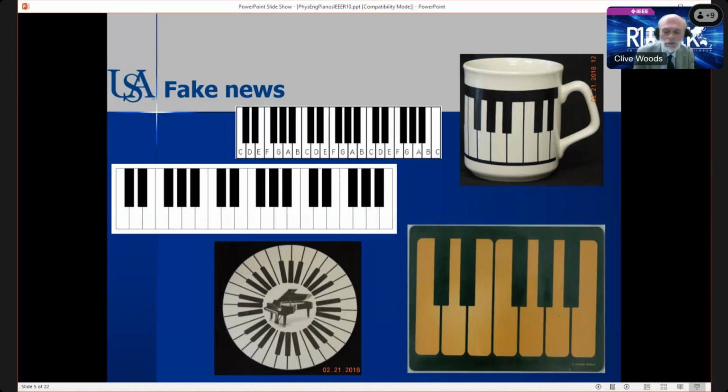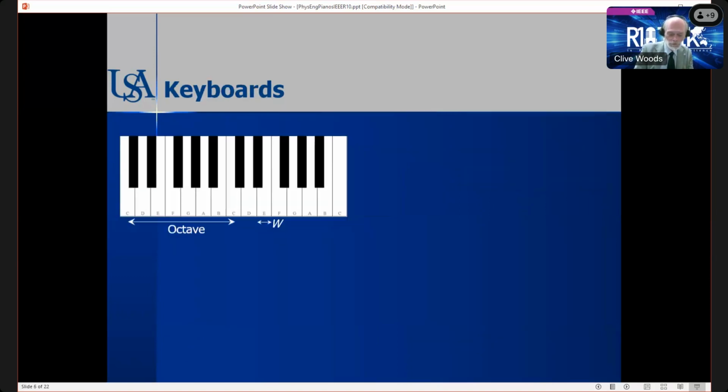They really didn't know how to cope with that problem, and most commercial pianos disguise this problem with the keyboard rather better than those.